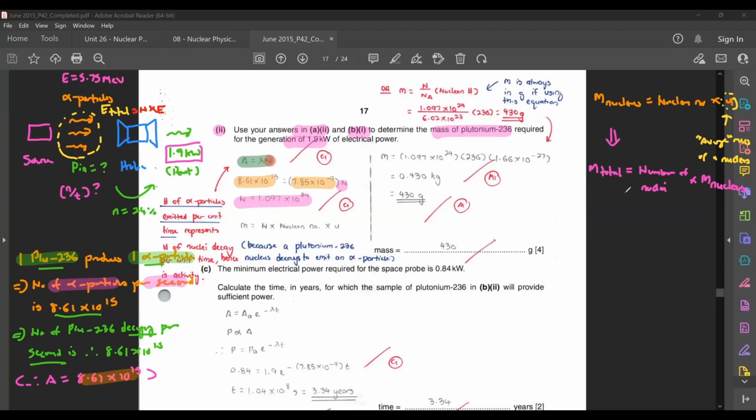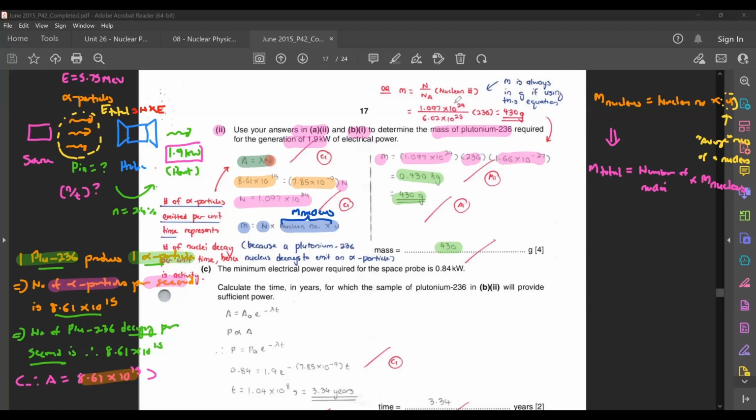That's what you're trying to do right over here. Your total mass is the same as number of nuclei multiplied with nucleon number multiplied with u, because this one by right is your nucleus mass. So sub everything in, all the values that you know, eventually you get the final answer is 0.43 kg, which ends up being 430 grams. So that's for this particular question.